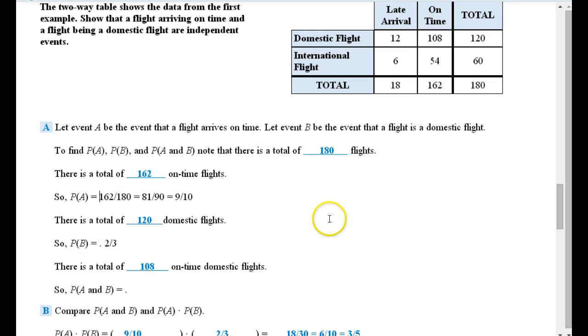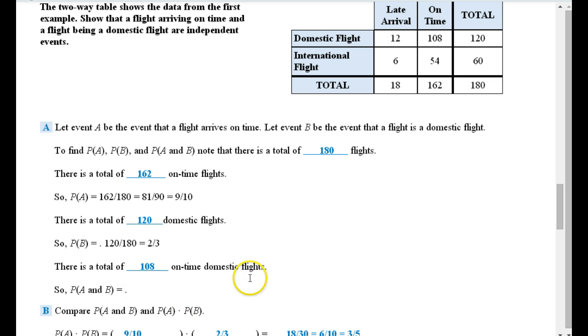And there's a total of 120 domestic flights out of 180, which is equal to 2/3. And then there's a total of on-time domestic flights. Oh, I didn't finish that part.